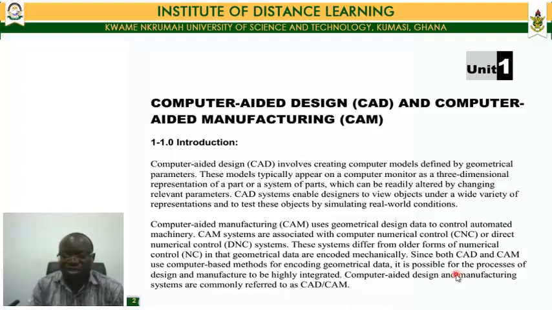But you can have a situation where you use a computer to create a model and then use the same computer to use the model geometry data to actually assign manufacturing instructions to a CNC machine so that it can perform material removal to create the part for you. So when you have such a situation, then we say that you have an integrated system, which is called a CAD-CAM system. Right.